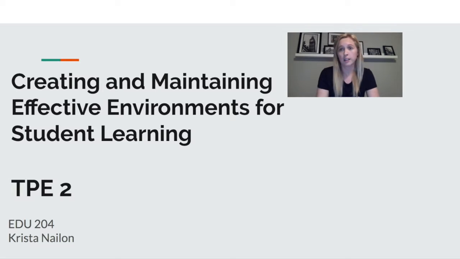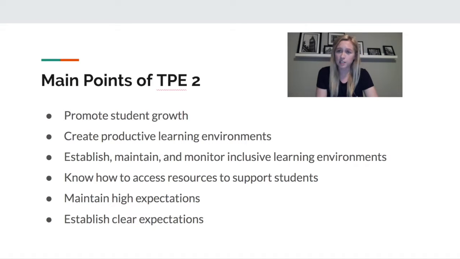So just hopping right into it, the main points of this TPE: first is to promote student growth. This is all the way around, so social, emotional, developmental, creating responsibility within each student, but also making them feel respected and included in the classroom.